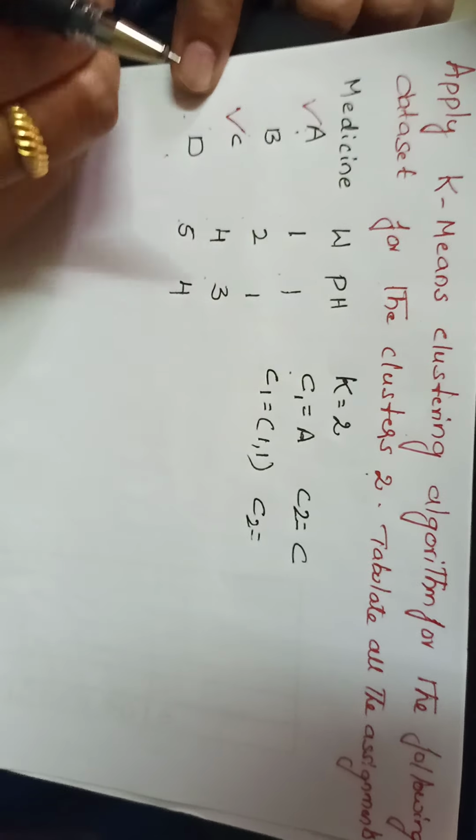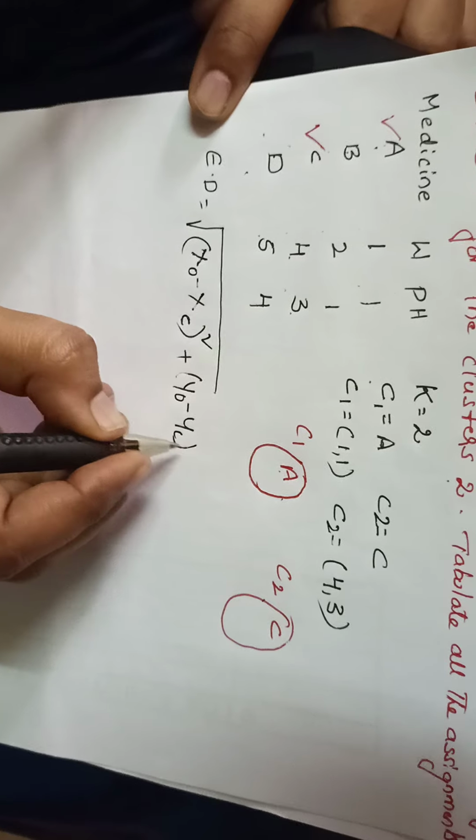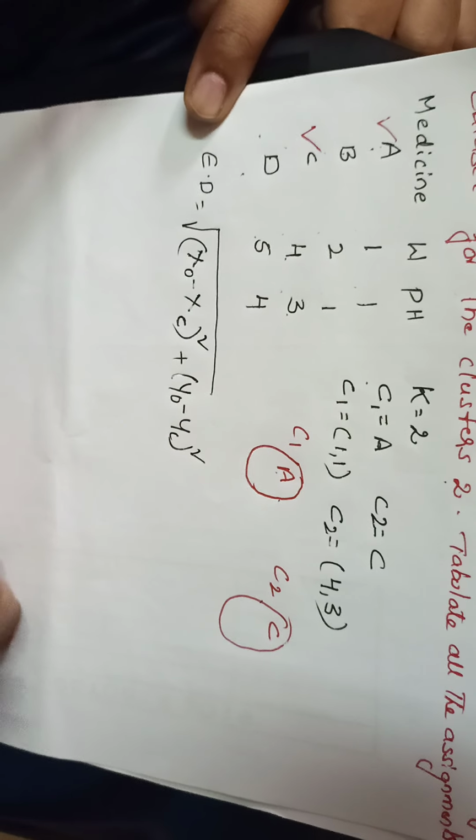The Euclidean distance formula is the square root of (x observed minus x centroid) squared, plus (y observed minus y centroid) squared, right?